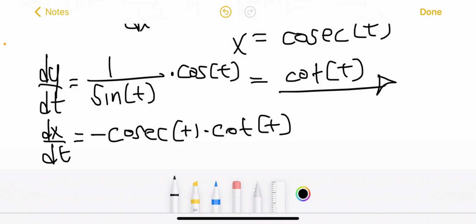From tables of derivatives, you just have to cram this one. Derivative of cosecant of t is negative cosecant of t multiplied by cot of t. Okay, and then the last thing to do is to find dy over dx.